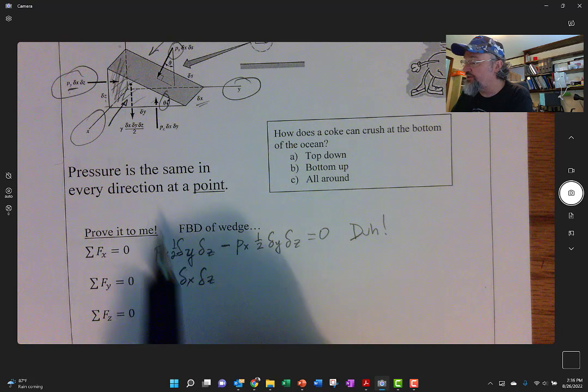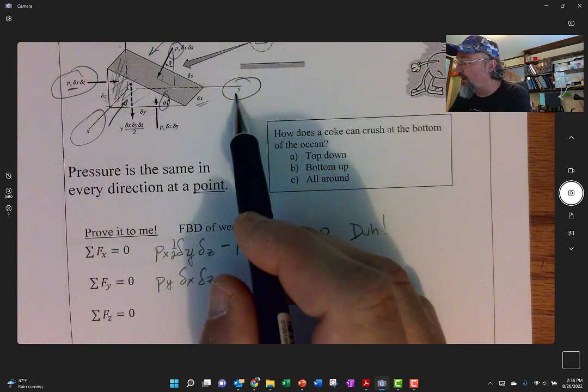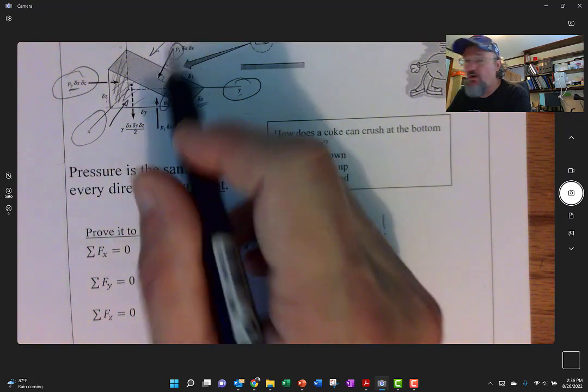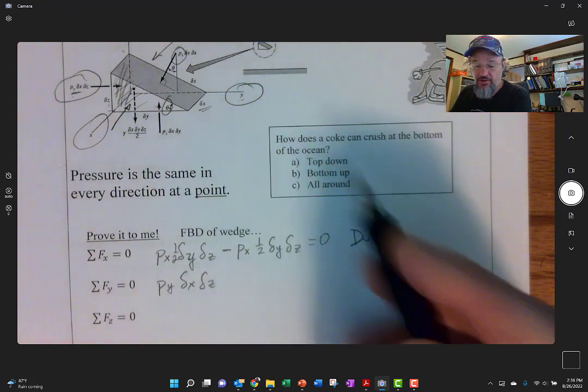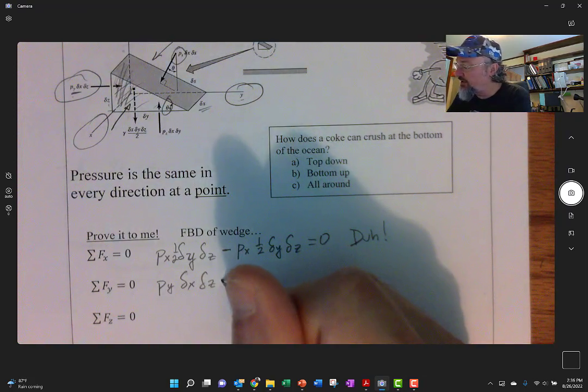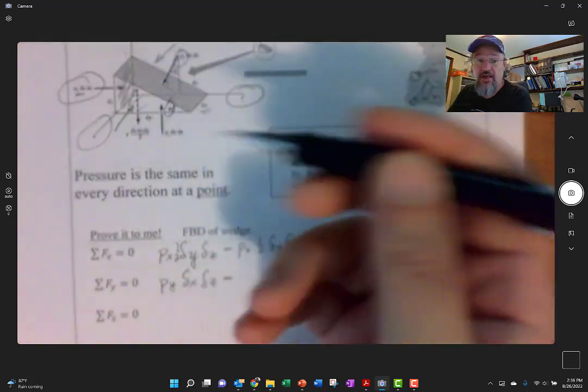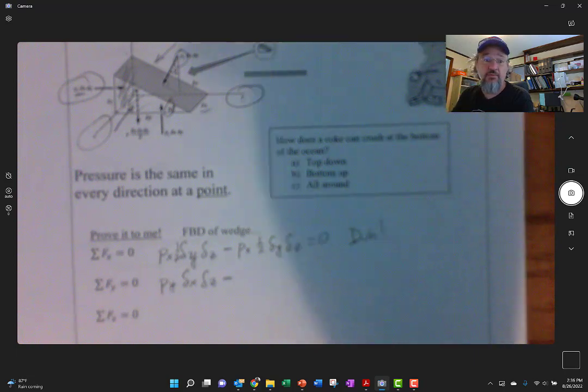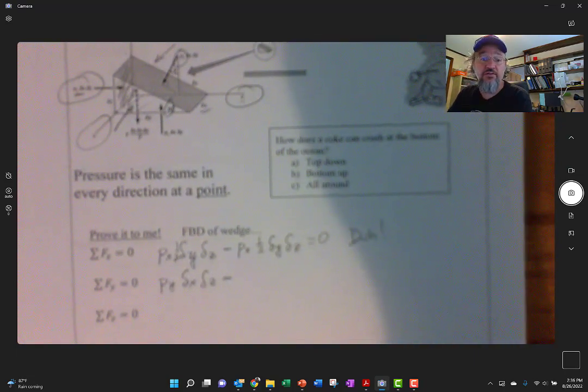That's a force in the y direction. Now let's take a look at the component of this in the y direction. That's going to be negative because it's going to go that way, the component that we're looking at for this one.